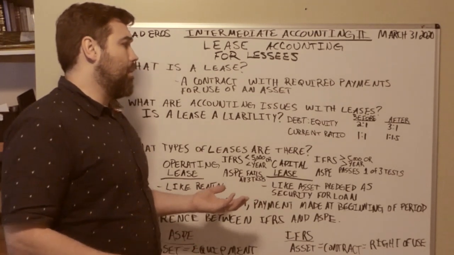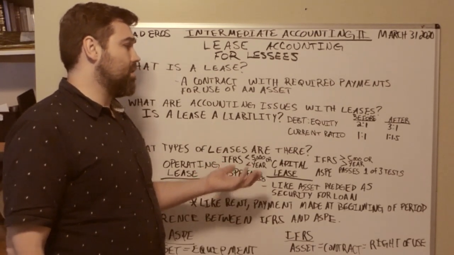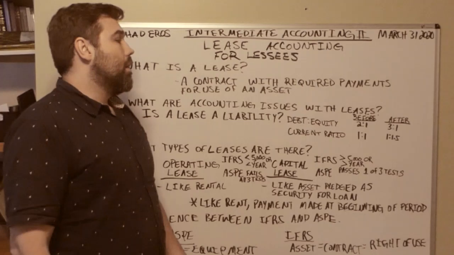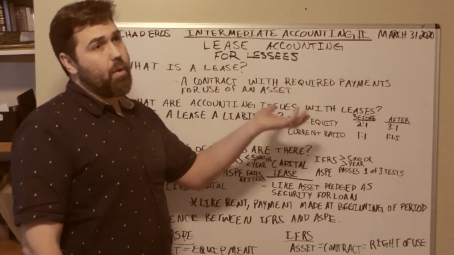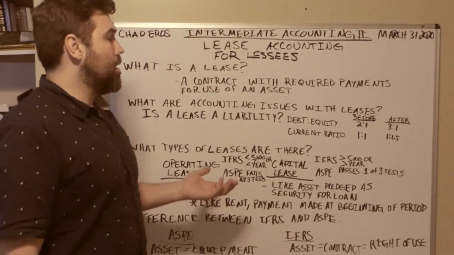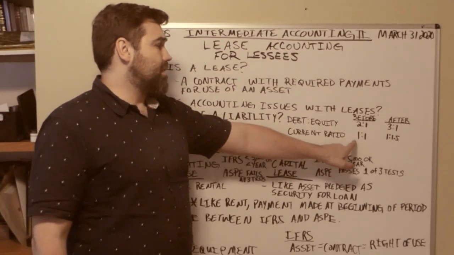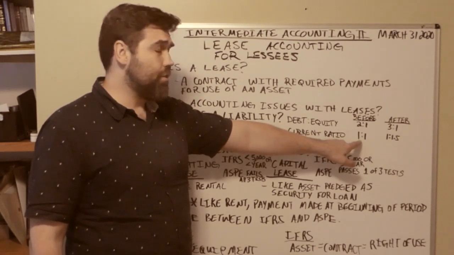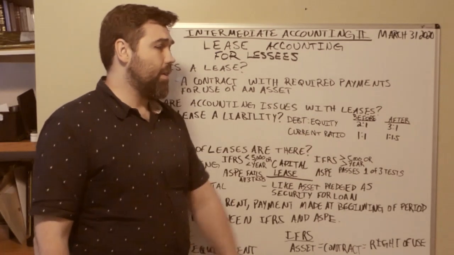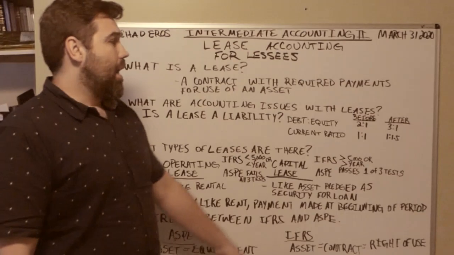Another ratio that could look a lot worse is the current ratio, which compares your current assets to your current liabilities. The first number in the ratio represents your current assets, and the second number your current liabilities.